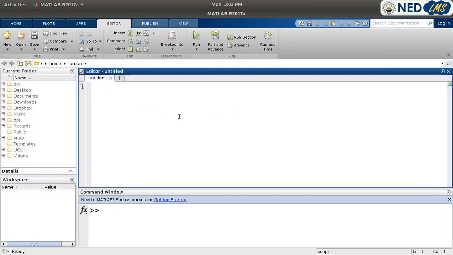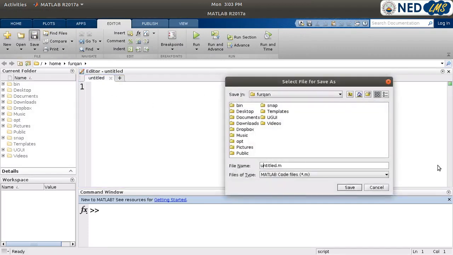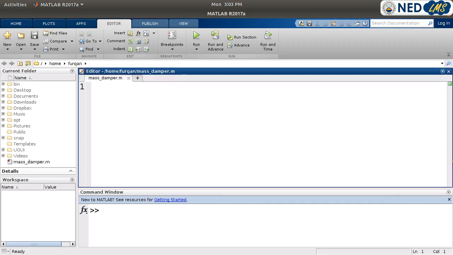So now let's write the function handle in a new script. I am saving this script with the name mass damper dot m. Now I am writing the function handle.